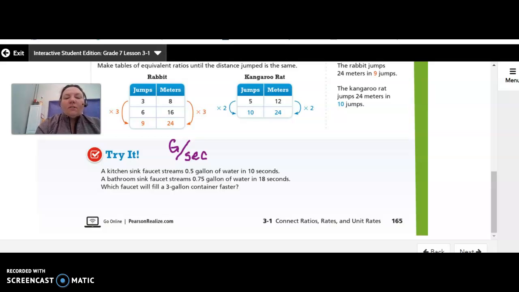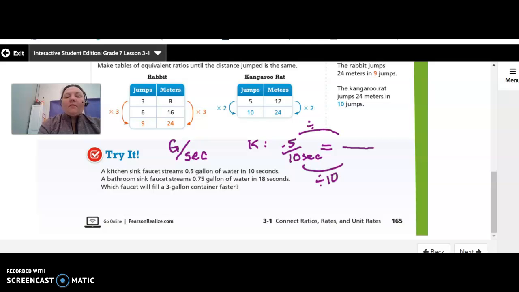So in the kitchen sink example, I'll just label that example K. It fills 0.5 gallons every 10 seconds. If I want to know how much it fills in 1 second, I would need to divide by 10. And that means that I need to divide the top by 10 as well.